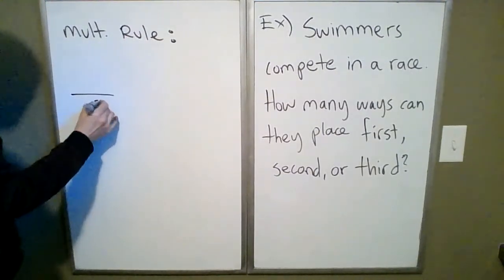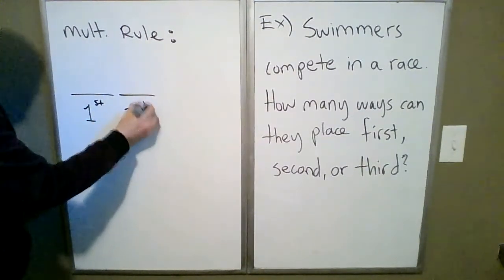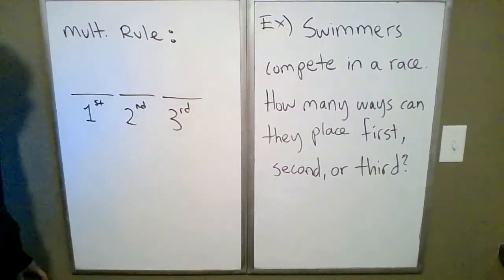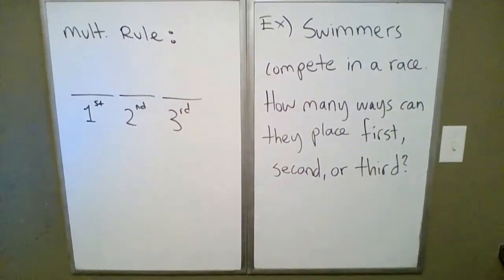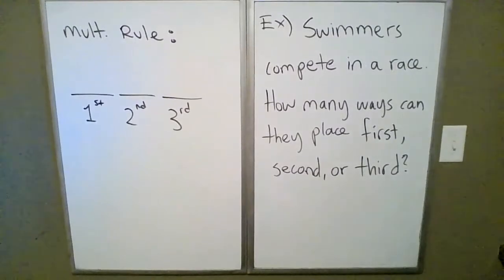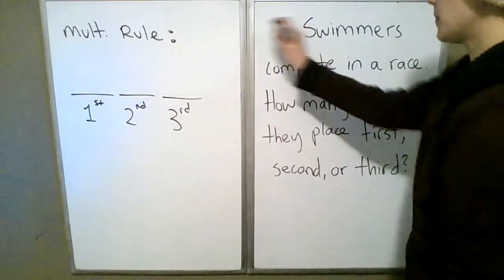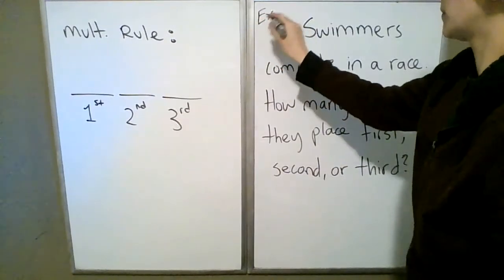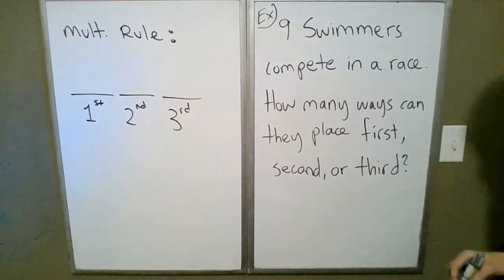This is where you have your first place, followed by the second place, and there's third place. Oh, we need a number of swimmers. So there are going to be 9 swimmers competing in this race.